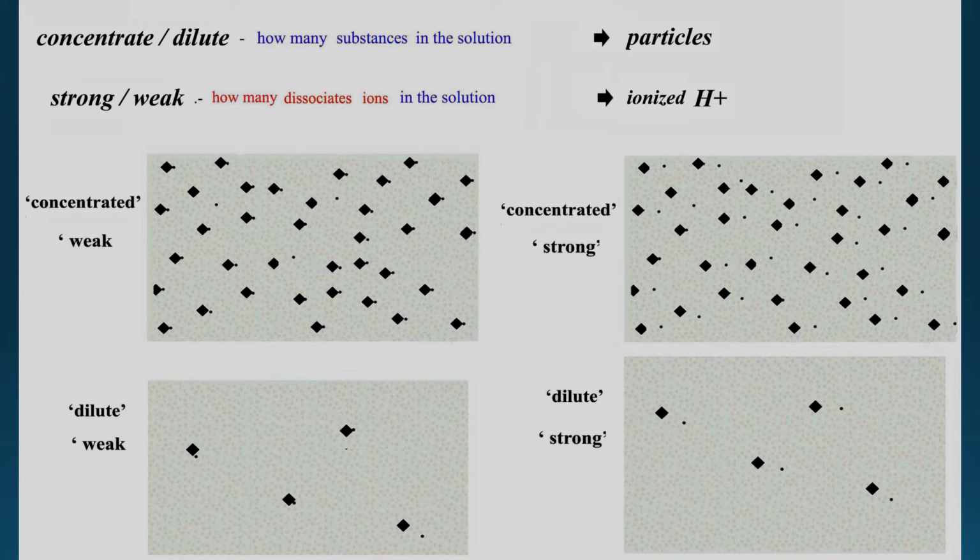Completely ionized, and the rest too, completely ionized. So this is a strong dilute acid. Students, please understand clearly that concentrated and dilute talk about the particles. Strong and weak talk about fully or partially ionized H plus ions.